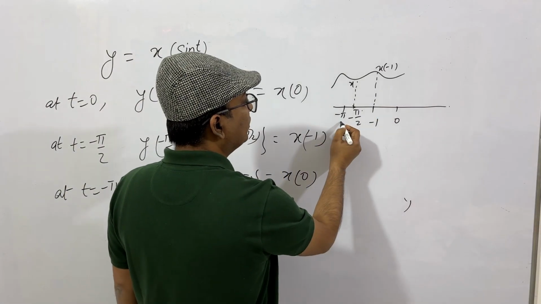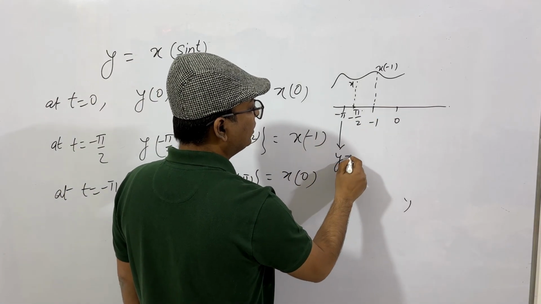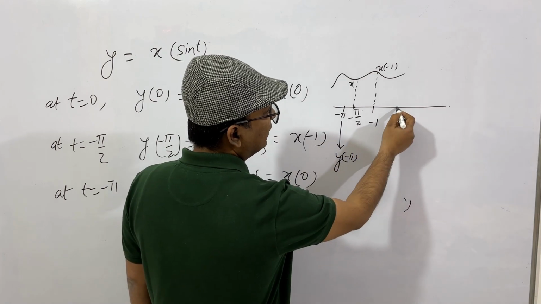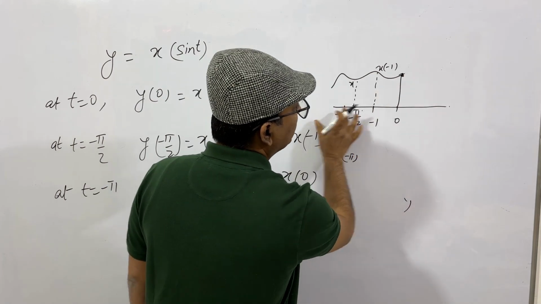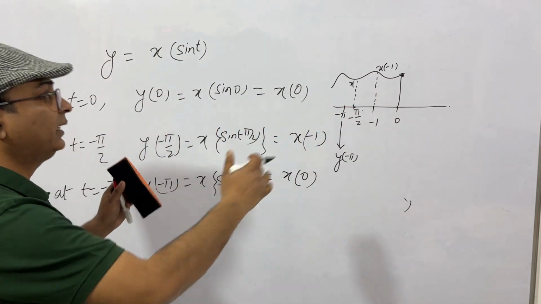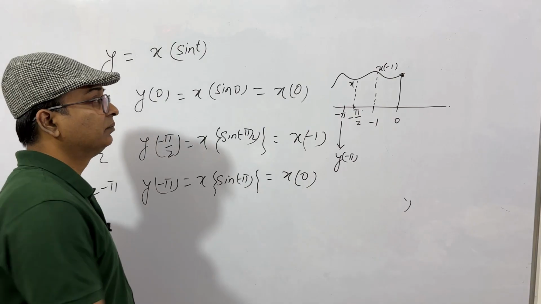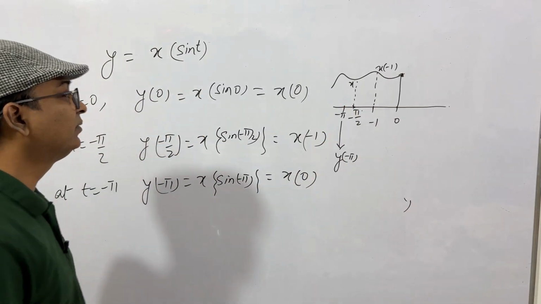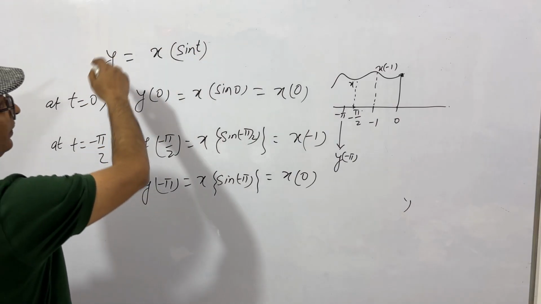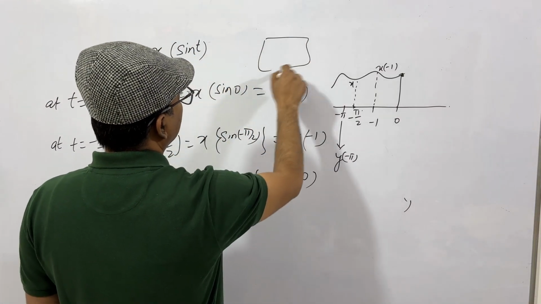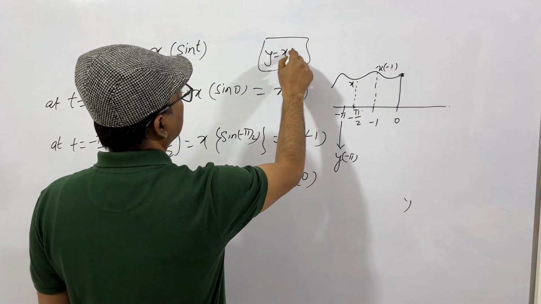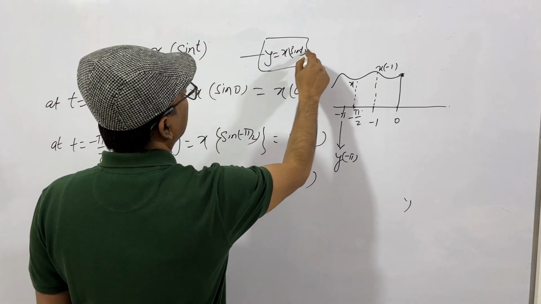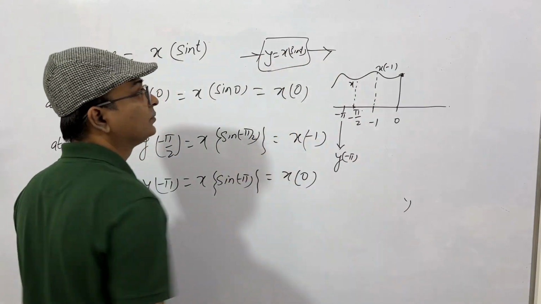Now, the output value at this point anticipates the value at 0, pi distance away from this point. So it is again anticipative. Therefore, a system like this is not causal.